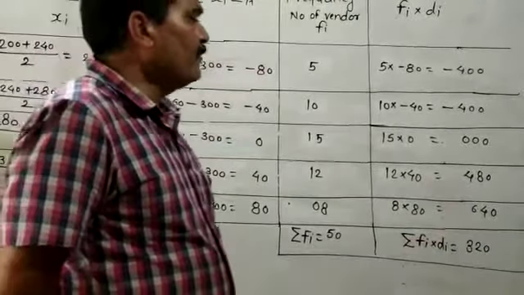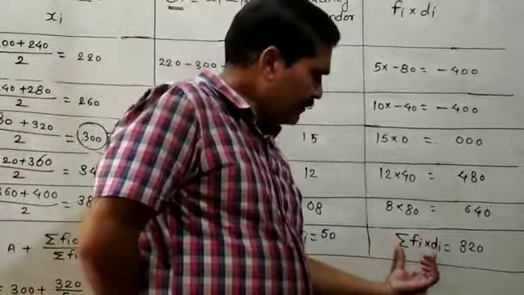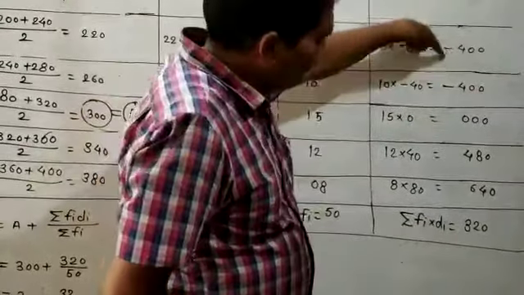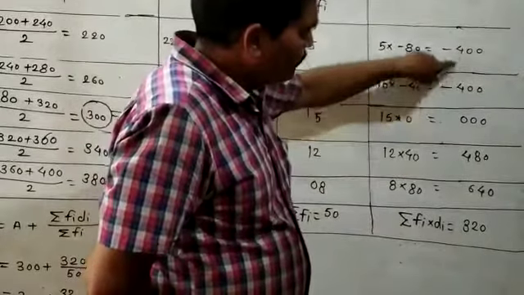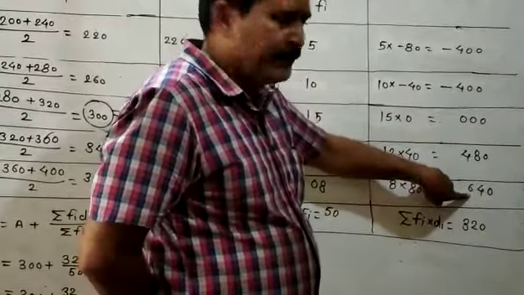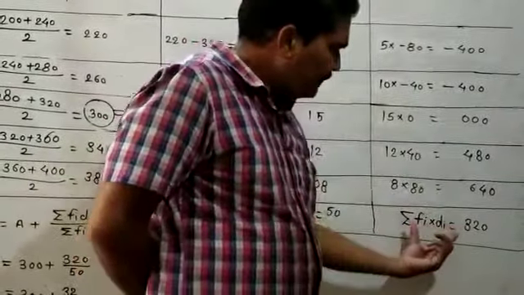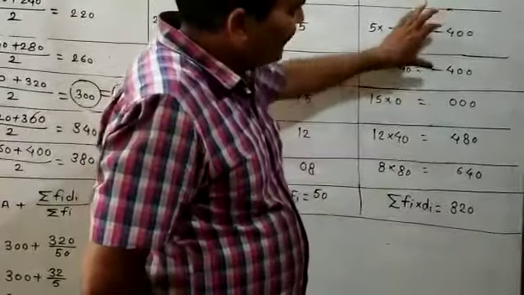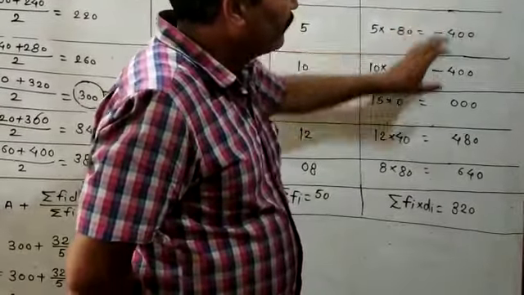Then you have to make a box and write the sum of fi di. You have to add minus 400, minus 400, 0, plus 480 and plus 640. Add the minus terms and give the minus sign.